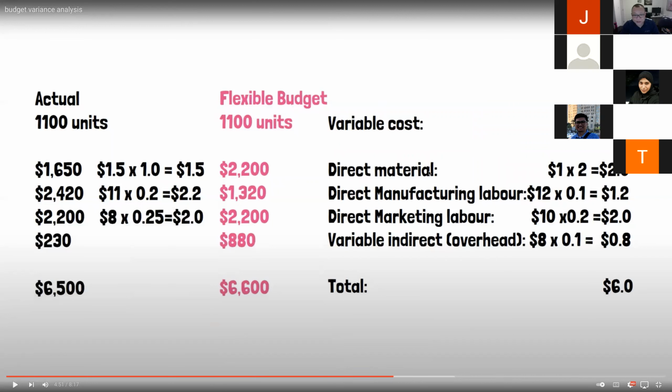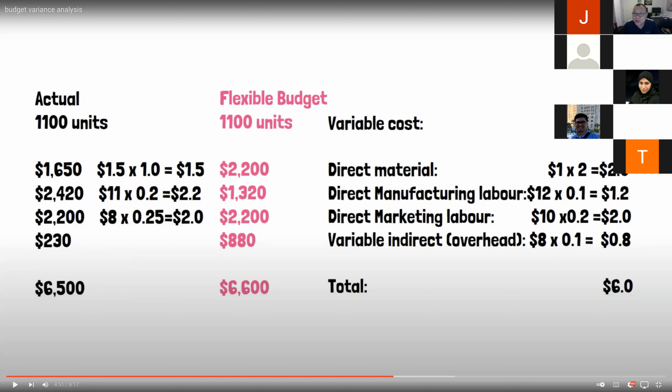So now you can compare all these numbers, right? For direct materials, you are going to compare the variance between direct materials. Can anyone tell me what the direct materials variance is? Is it favorable or unfavorable? Favorable. And what is the amount of the variance? 550.